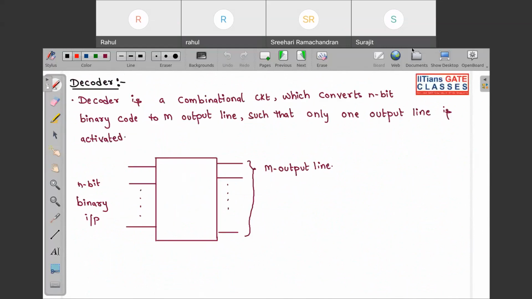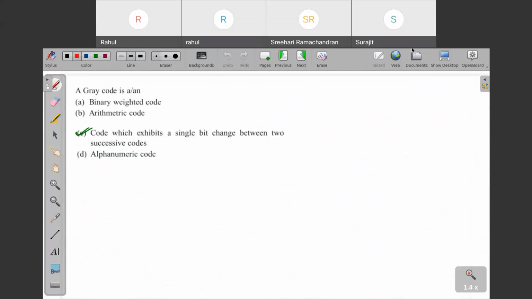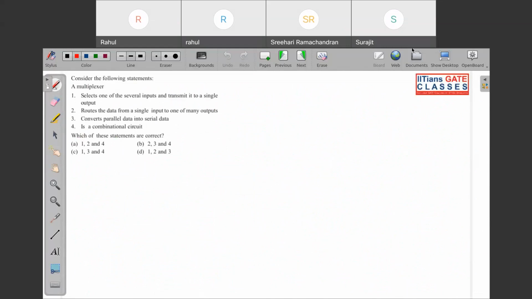So we were solving questions. This one. So 1, 3, and 4 means option C. What it is given: consider the following statement: a multiplexer selects one of the several inputs and transmits to a single output, correct?